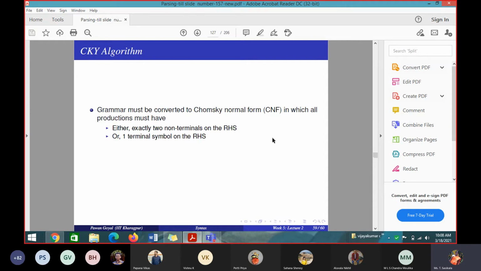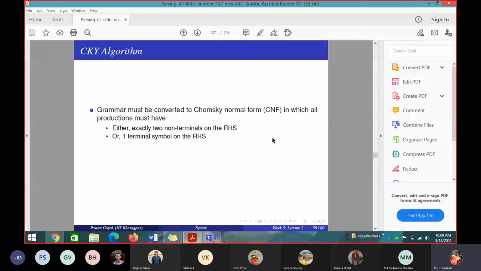Okay, please take down this rule. Given the grammar for the CKY algorithm, we cannot apply the entire grammar as such. We have to do some normalization for the given grammar. What is the normalization? The grammar should be converted to a normal form called the Chomsky normal form. What are the conditions for Chomsky normal form?